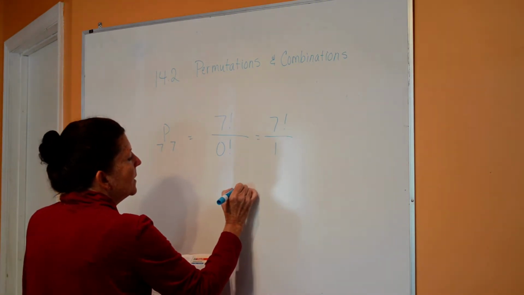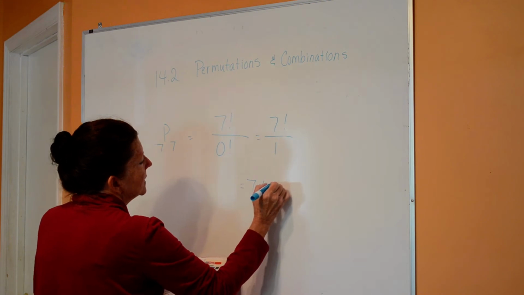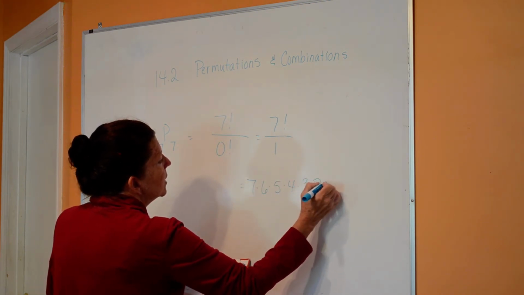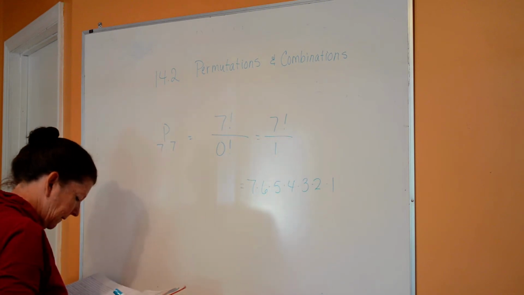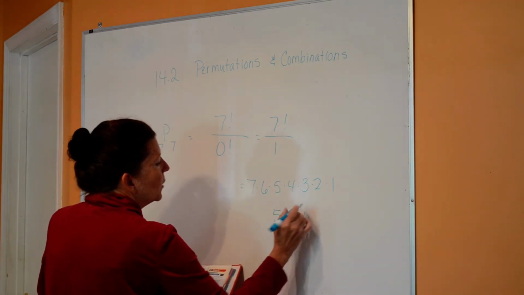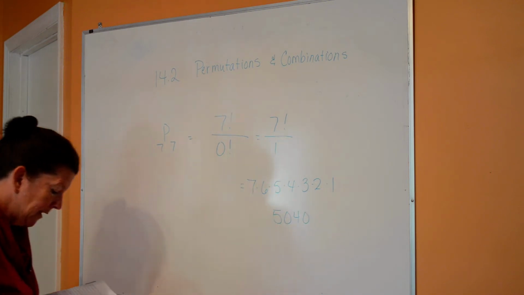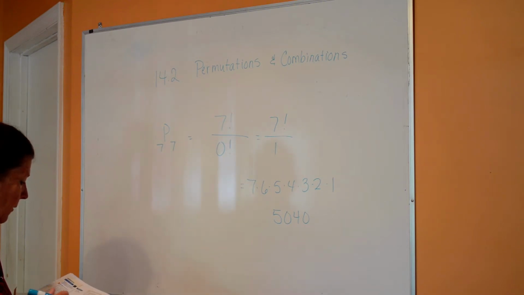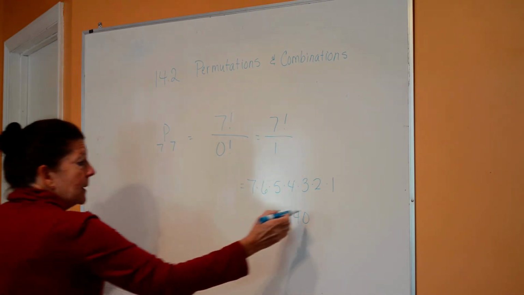So that is the same thing as 7 times 6 times 5 times 4 times 3 times 2 times 1, which gives me 5,040 possible ways that you can arrange those numbers in a 7-digit registration code. So that's my total number.